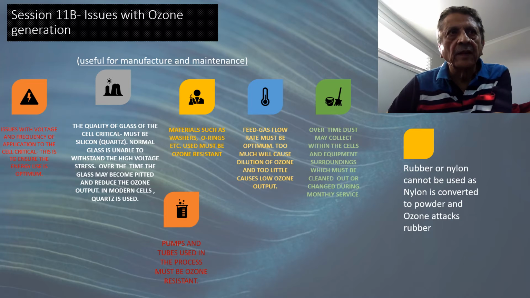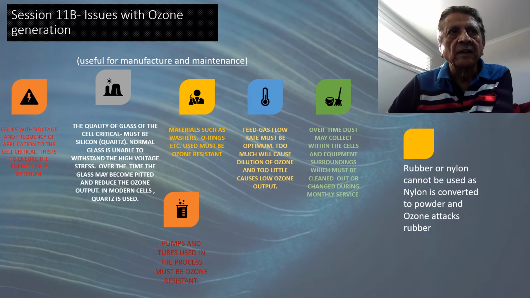Firstly, the frequency and the voltage are critical so that we generate a corona or plasma instead of sparks. A corona or plasma is a pale bluish color and there is no sound when the corona is discharged.